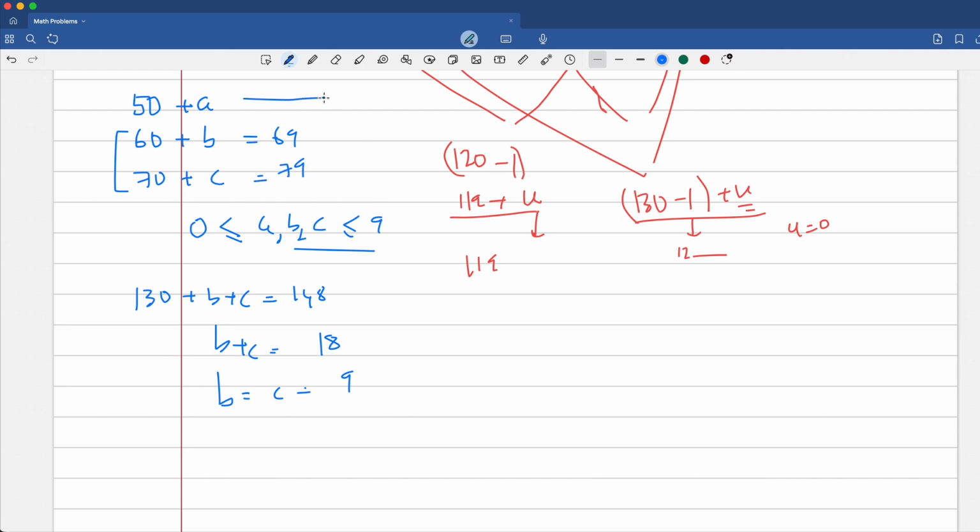Now let's take the pair of the first and second number together, in which case you end up getting 50 plus a plus 69, which is 119 plus a. And let's take the first and third together, which would give you 50 plus a plus 79, which is 129 plus a.